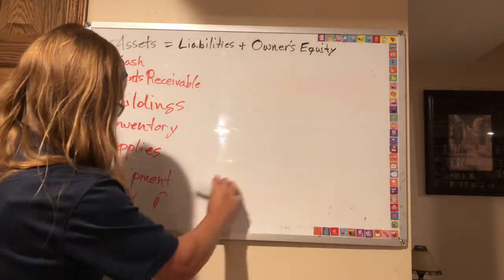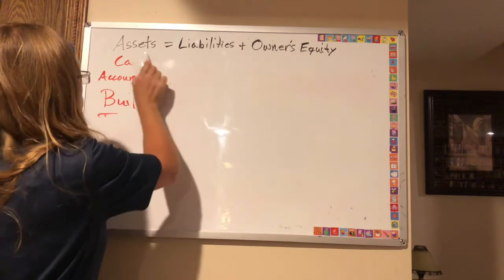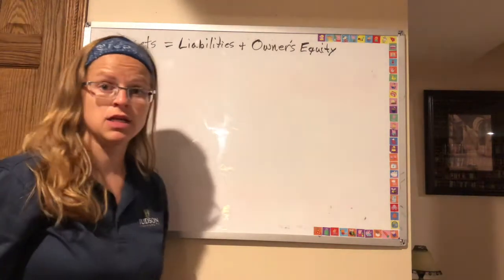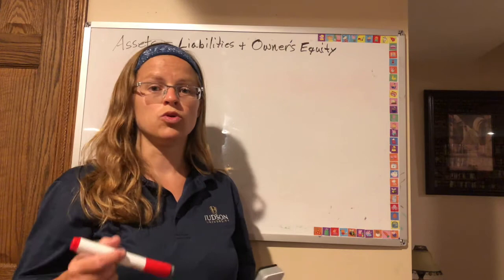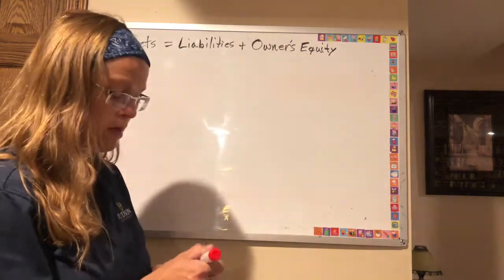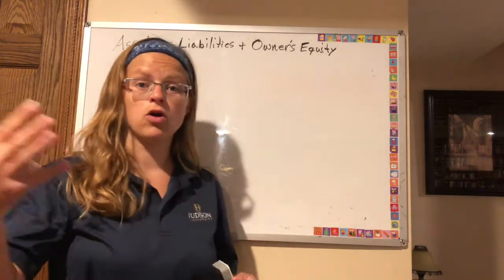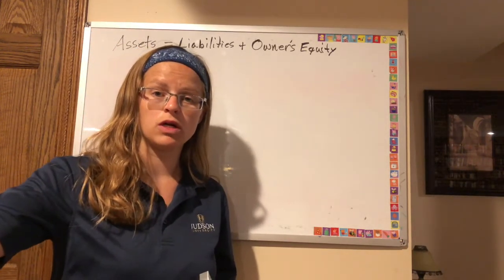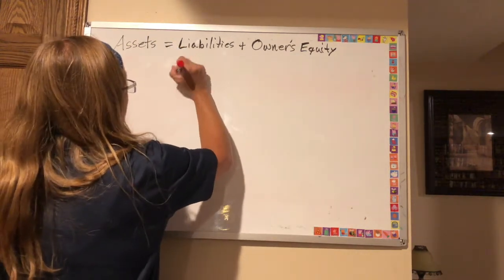All right, now we're going to go through liability accounts. Liabilities are things that we owe. So liability accounts would be accounts payable. So you borrowed on account to get inventory from another organization and you owe them money.